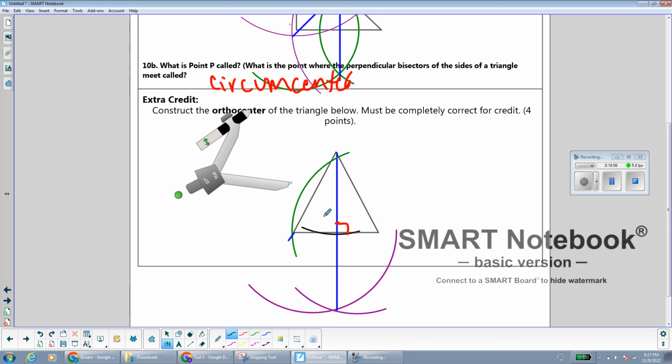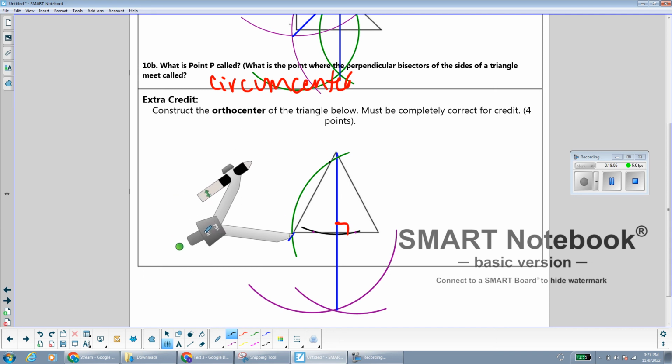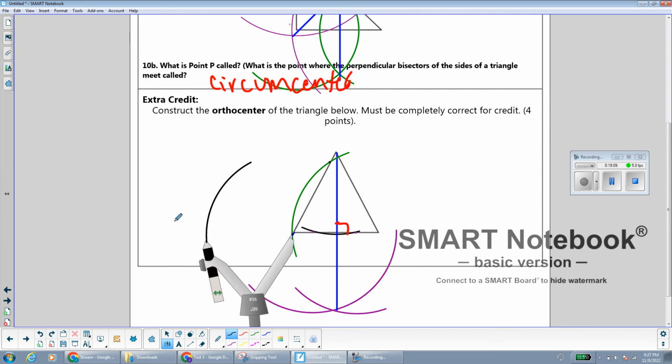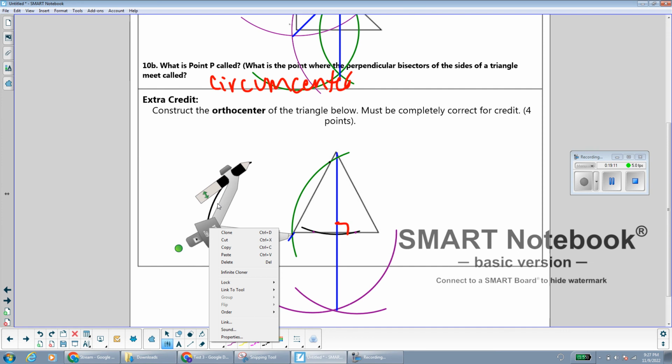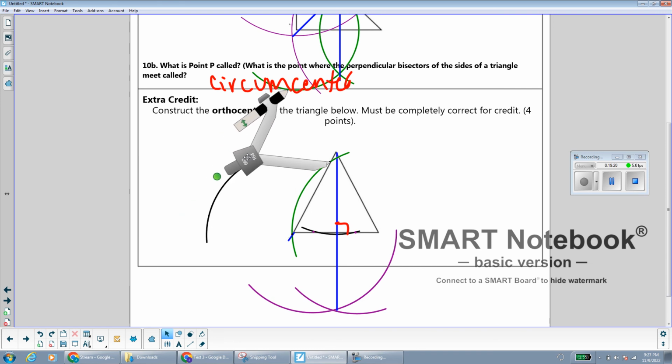I see the intersection point here on this side and the intersection point here on the same side of the triangle. I'm going to put my compass on one of those intersection points and I'm just going to make an arc. Then using the same distance, I'm going to pick up my compass and move it to the other intersection point.